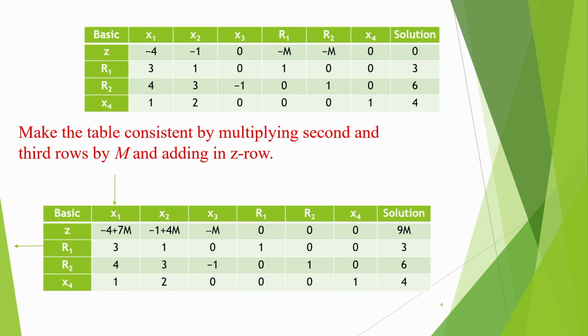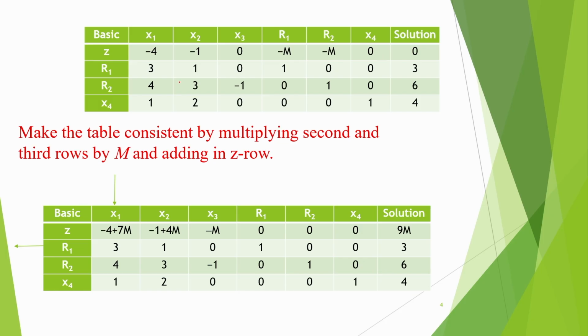So the starting table is: basic z, R1, R2, x4, and we write the z row, x1, x2, x3, R1, R2, x4 and solution. The x1 coefficient is 4, so minus 4, minus 1, 0. This coefficient was minus M, this is minus M, the coefficient was M, so on the other side it will become minus, and this is 0, 0.